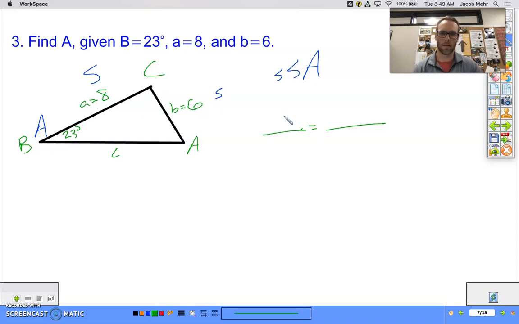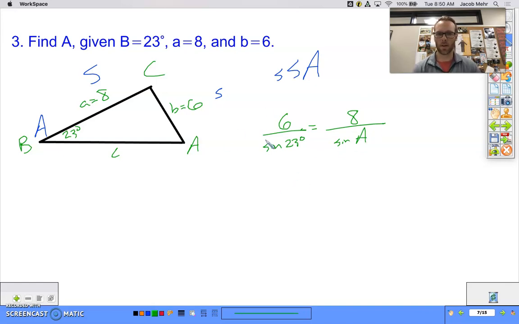B over the sine of angle B equals, well, what am I going to solve for next? Can I solve for side C next? No, I can't, because I have to know angle C in the law of sines to solve for that. So let's solve for angle A next. So we're going to do side A over the sine of angle A.